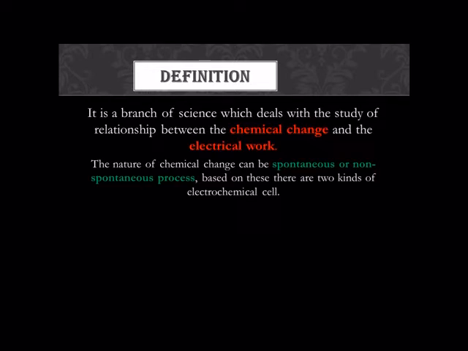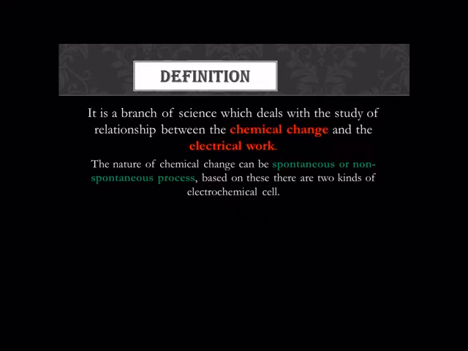You can take the example of oxidation of metals. When the metal is exposed to air, it undergoes oxidation, and at the surface there is a development of a coating of metallic oxide. That is one type of spontaneous process, because you do not require any kind of external force. Someone is not pushing the reaction, right? It's occurring by its own nature.